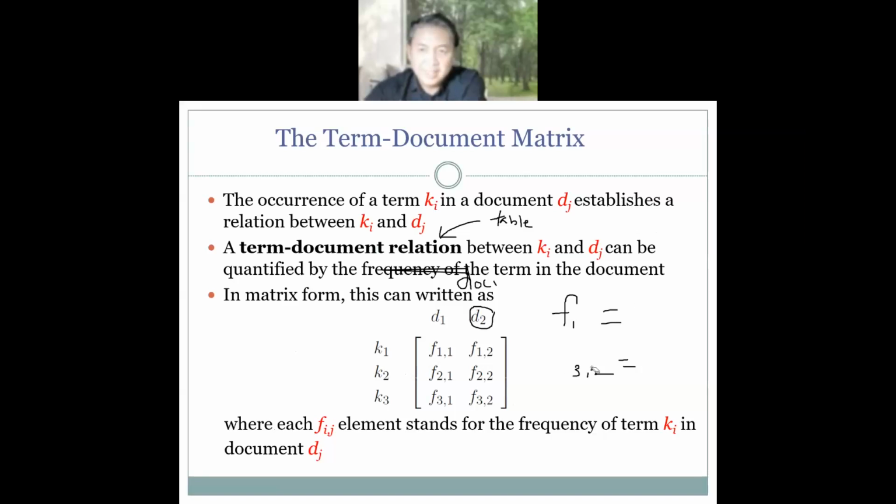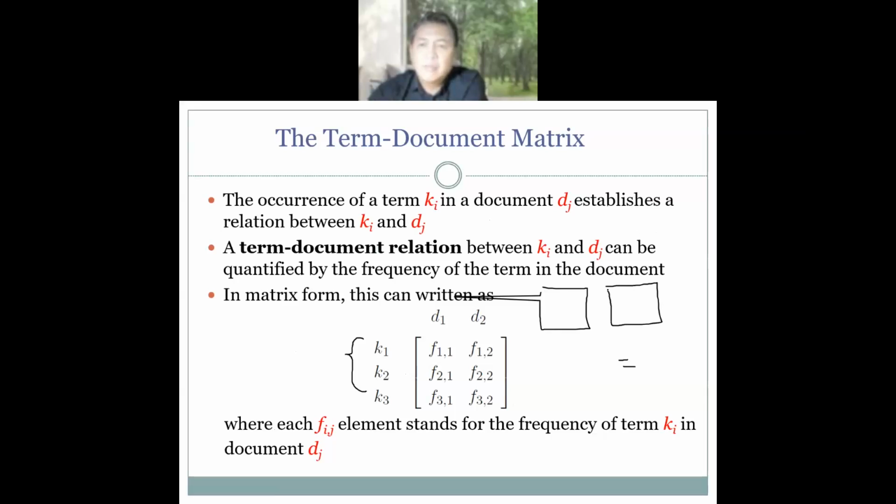Okay, let me erase. So this one must be unique. For each document that we have, we may have words like play, and this one is played. This is document 1, this is document 2.